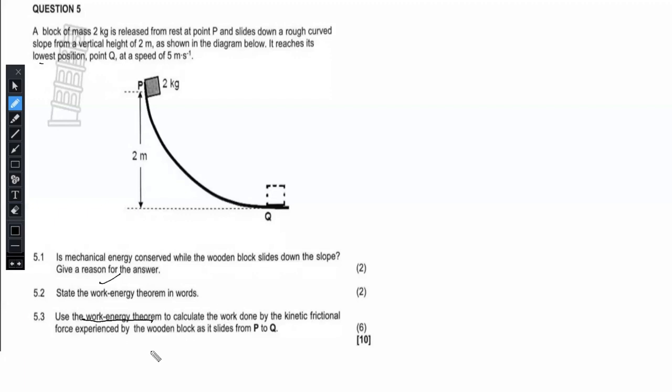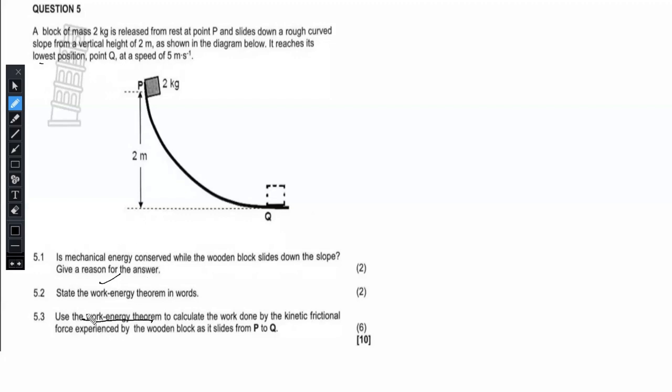Now, be careful if they tell you, remember other questions, they say use energy principles. If they say use energy principles, that means you are not restricted to using one particular formula. You can use the work energy theorem, you can use the work done by non-conservative forces, and if there is no friction, you can still use the formula for conservation of mechanical energy.